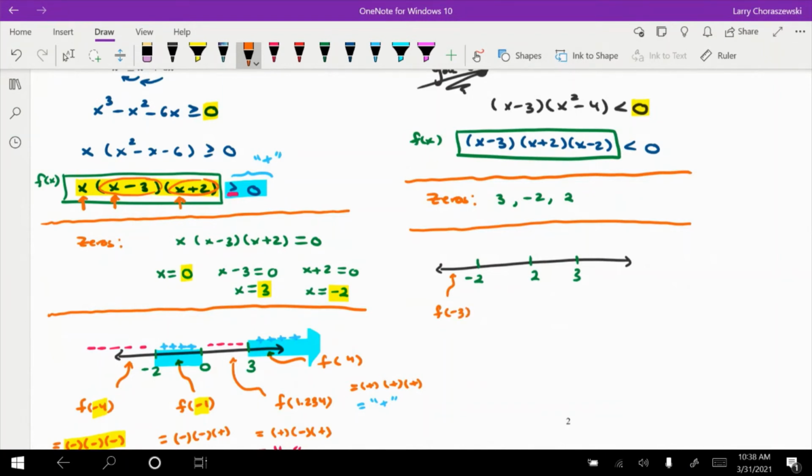I chose -3 from this part of the number line. If you plug it into the first factor, it's negative. So is the second factor, and so is the third factor. That all results in a negative. Did you find that that section of the number line was negative?